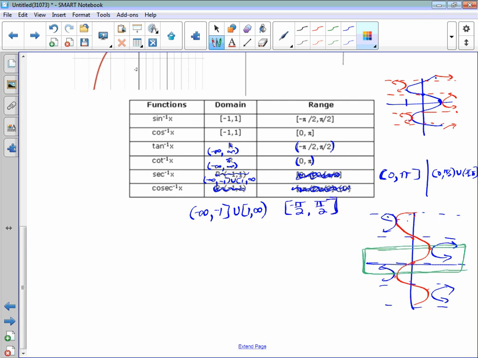If you had to state the range, skipping over the asymptote, you would say negative pi over 2 to 0, and then 0 to pi over 2. Does that make sense? This gives you your viewing window, okay? And then this is what the actual range is.